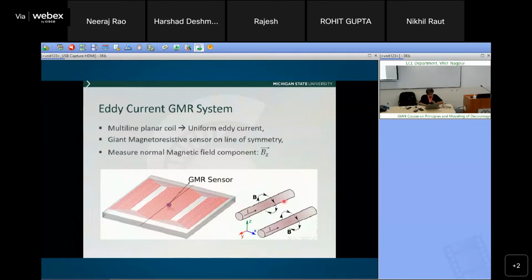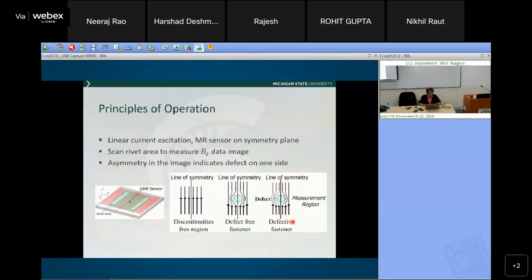And the reason is, if you look at this, if you have two coils with the same direction of current, and you look at the direction of the B field, all the normal components get cancelled out, and what remains only is the tangential component. And the nice thing about this single linear current, you have a line of symmetry where the field is zero.